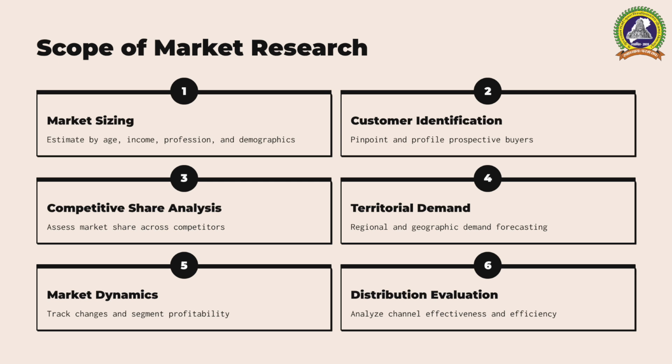It also requires a hard look at the competition, specifically estimating their market share. The scope extends to estimating territorial demand, how much product is needed in the north versus the south. It involves studying market changes and the profitability of different segments. Finally, it analyzes the working of various channels of distribution to ensure the product can actually reach the customer.